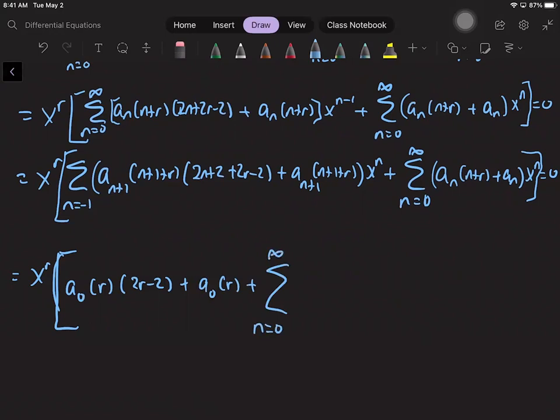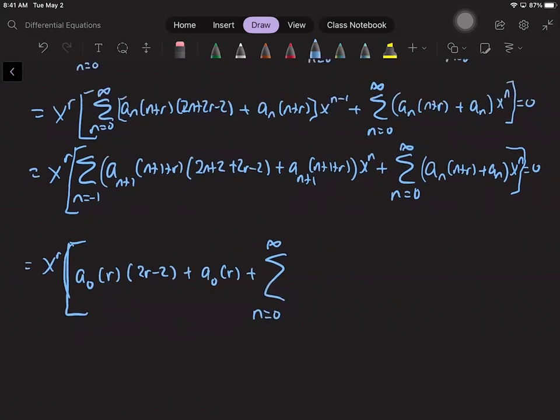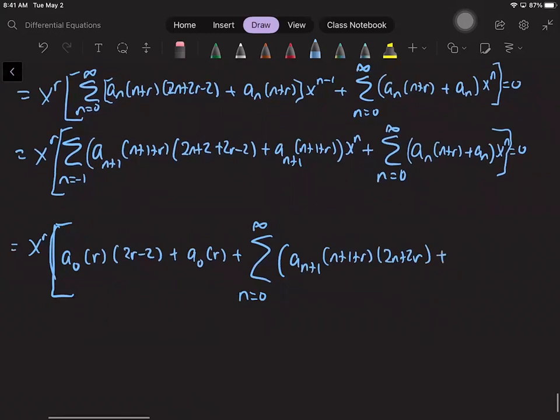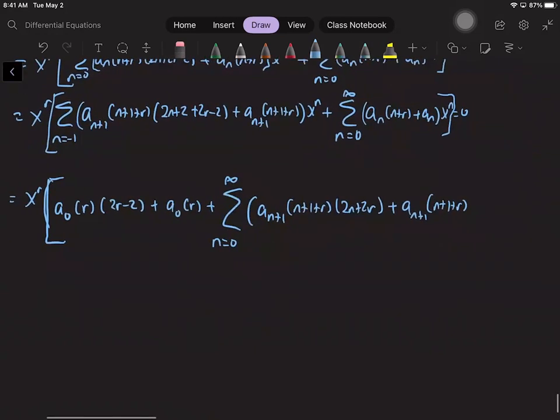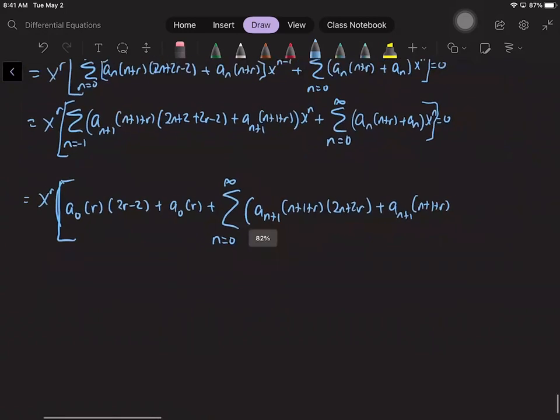So now I can combine them all into one big series. So this will be a n plus 1, n plus 1 plus r. The 2 and the 2 cancel. This is just 2n plus 2r. And then plus another a n plus 1 term here. Those we're going to factor out again, just like we did in the next step. Okay, so that's from the first series.